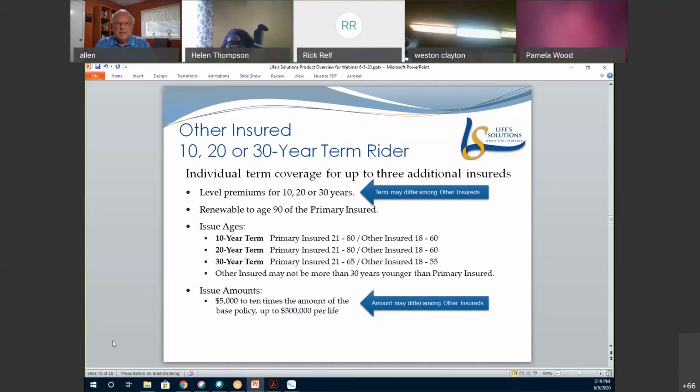And the type of rider or the face amount of the rider does not have to match the numbers on the primary insured rider. So you have a great deal of flexibility here. This is applicable to family members or other people that the primary insured has an insurable interest in their life, say business partners, perhaps. You could see putting an entire family together here, especially when we get to the grandchild rider, which is coming up shortly. All right, next slide.